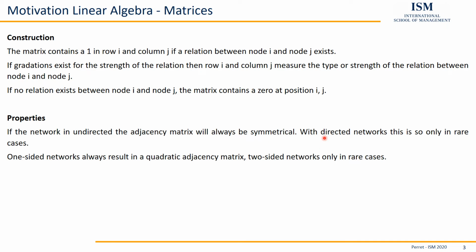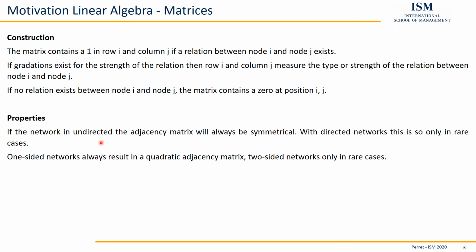On the other hand, if we have a directed network, like Instagram, if you follow someone, this does not necessarily mean that the person follows you back. In those cases where you have a directed network, usually it's not symmetrical and it's not even quadratic.